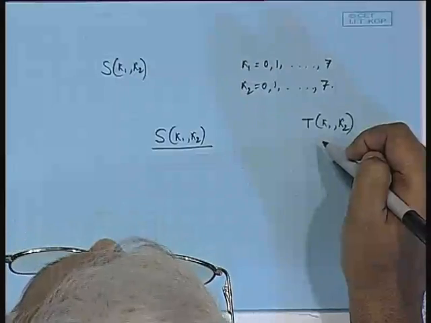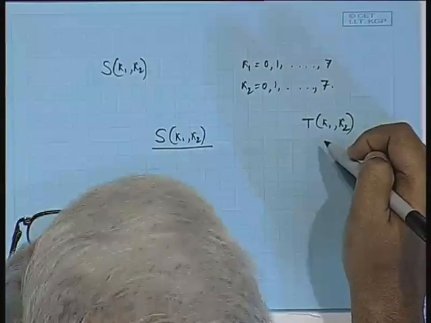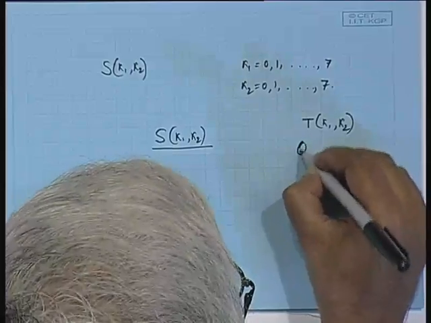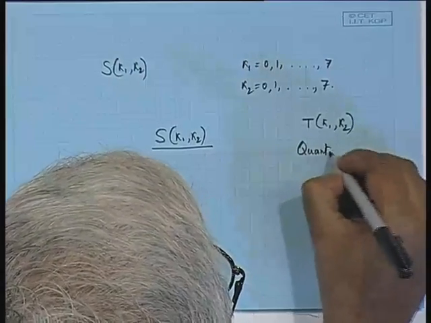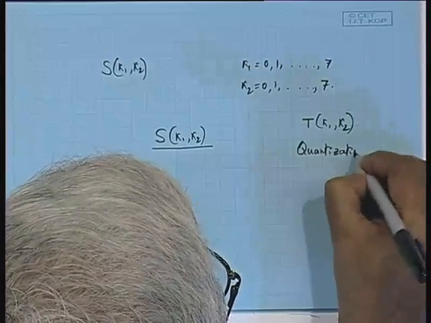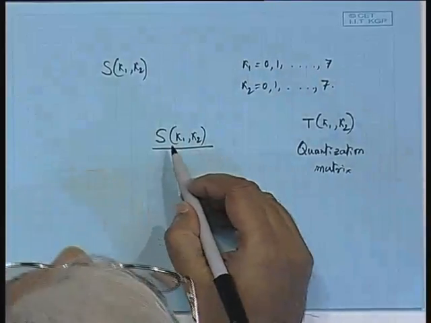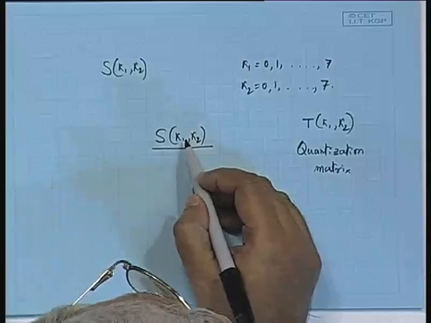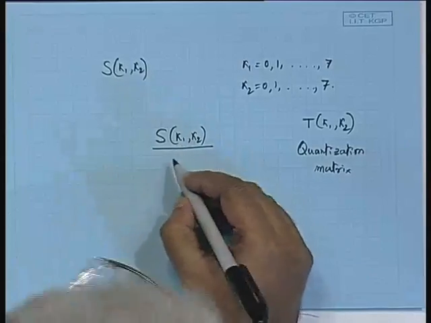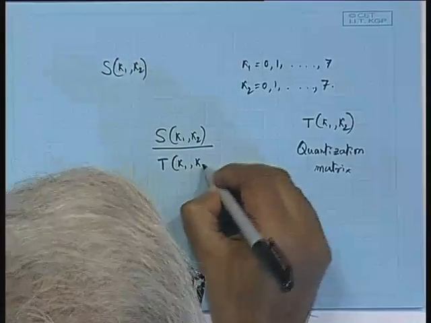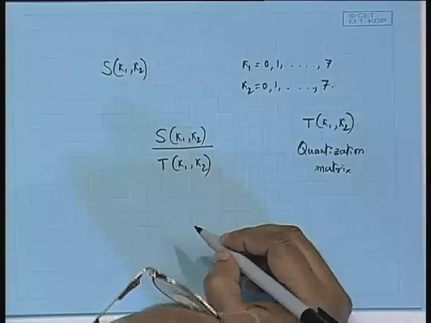So, T(k1, k2) is the corresponding element in the matrix, and this matrix containing T(k1, k2) is referred to as the quantization matrix. So, the DCT coefficient at the k1, k2 position will be divided by the corresponding quantization matrix element T(k1, k2).